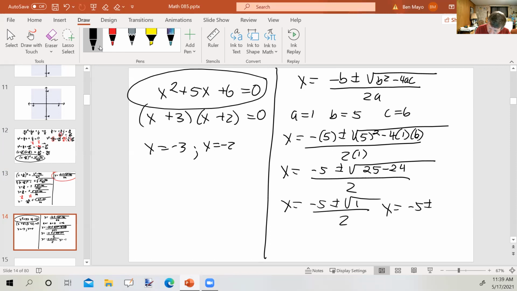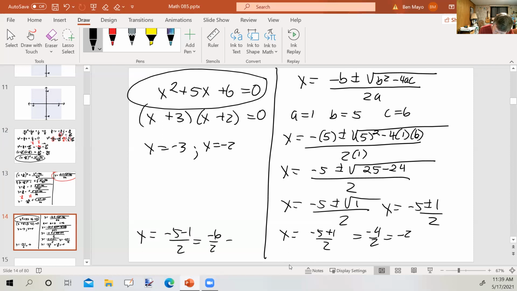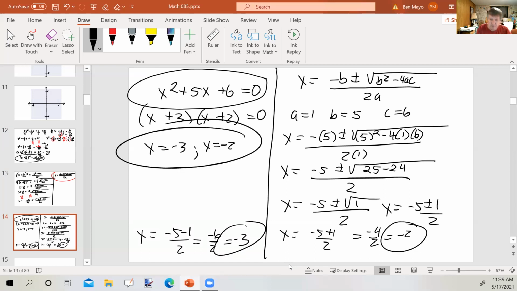X equals negative 5 plus or minus the square root of 1 is 1, all over 2. So x equals negative 5 plus 1 over 2, which is negative 4 over 2 or negative 2. And over here we'll go x equals negative 5 minus 1 over 2, which is negative 6 over 2, which is negative 3. So here are the same answers.